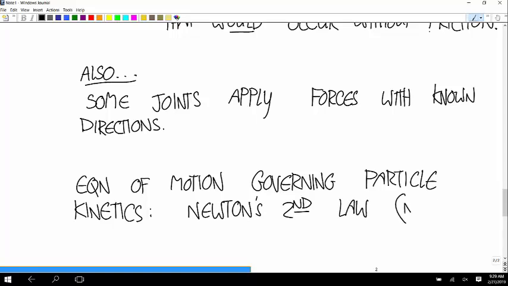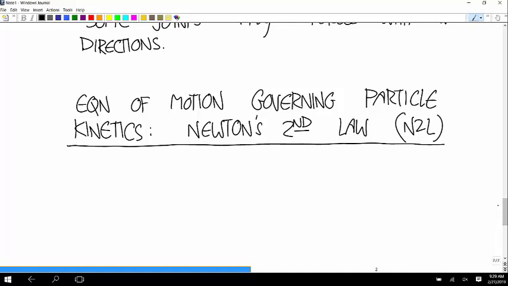I'm going to abbreviate that as N2L. And it says that if you add up all the external forces acting on your chosen body, that's equal to the mass of the chosen body times the acceleration of the center of mass of the chosen body.